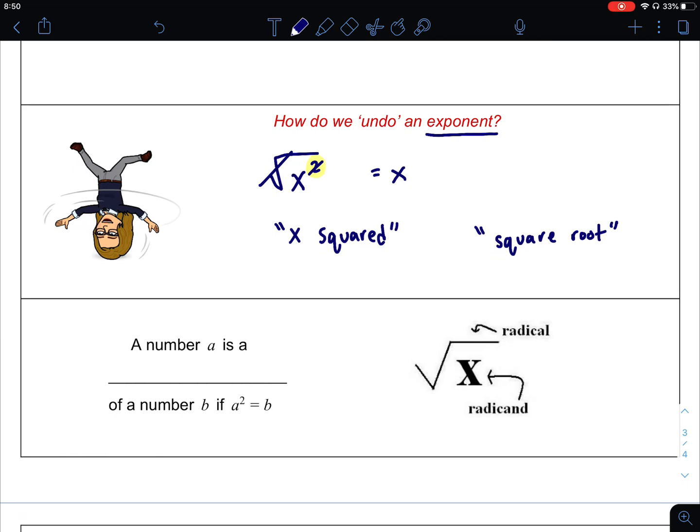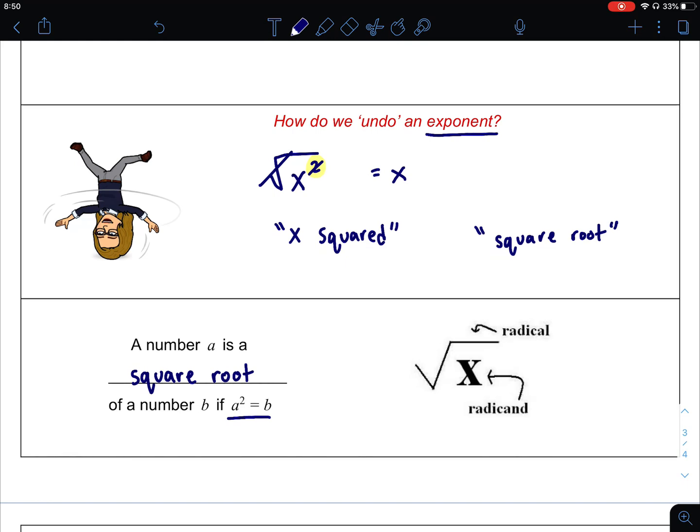All this says is a number a, any number, is a square root of a number b if this statement a squared equals b. And it just got way more confusing than when we talked about it 30 seconds ago.